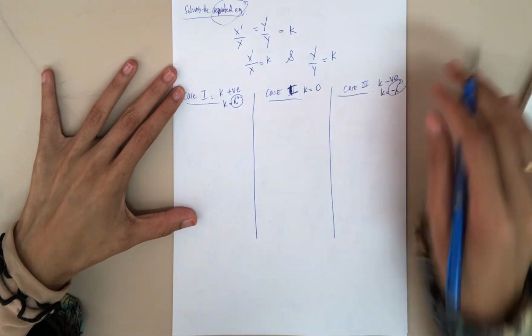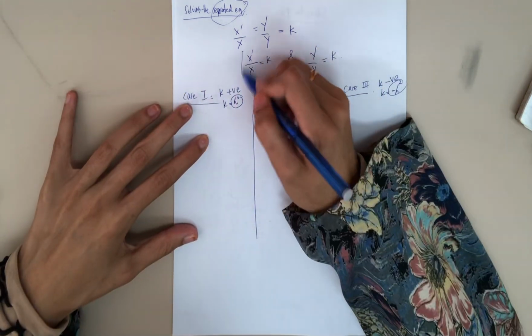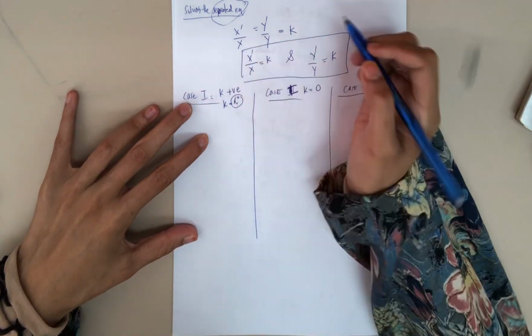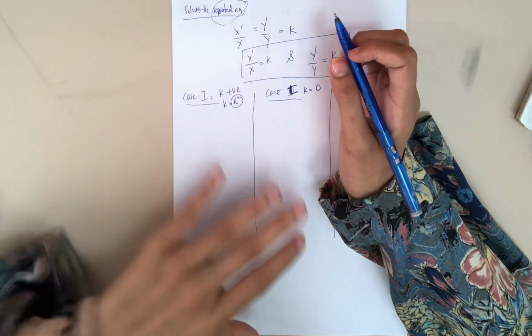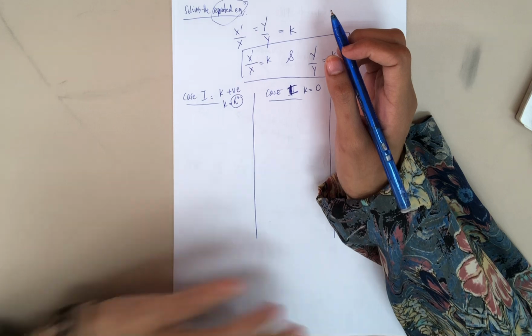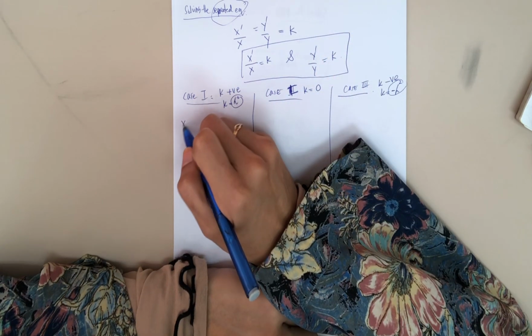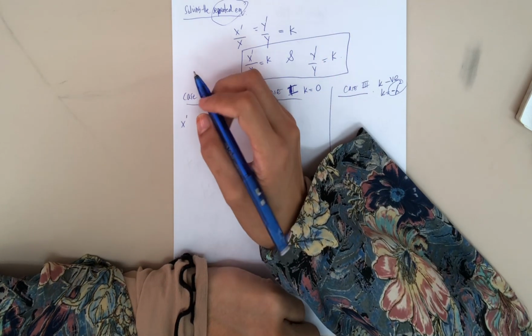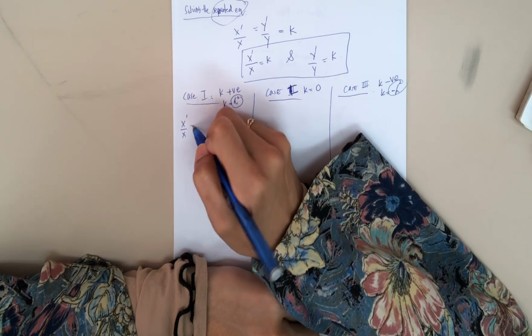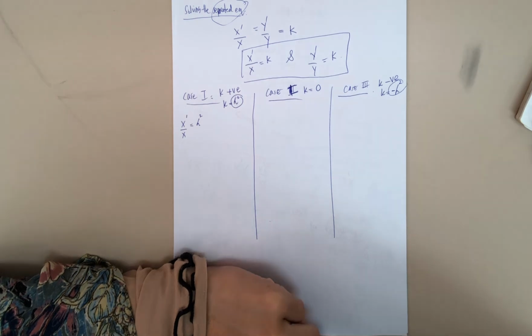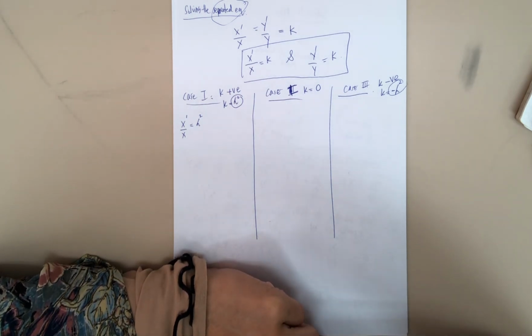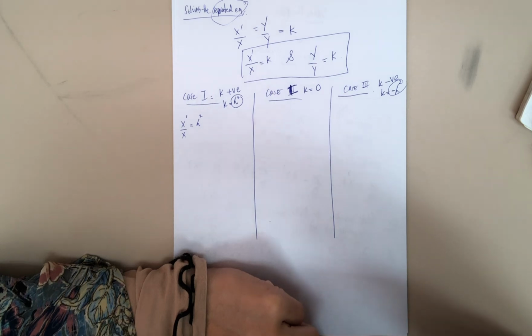Case number 1. We need to solve for these 2 equations, and we will start with the x equation. So we have here x prime over x equal to k. But now k I already replace with lambda square.